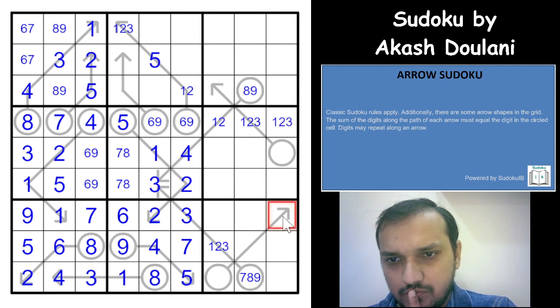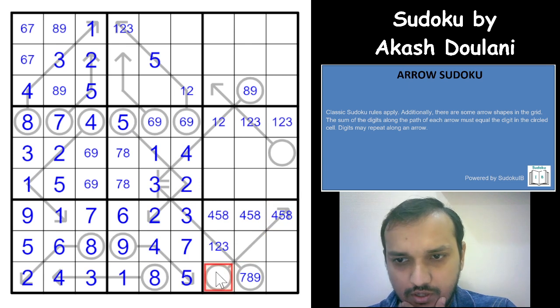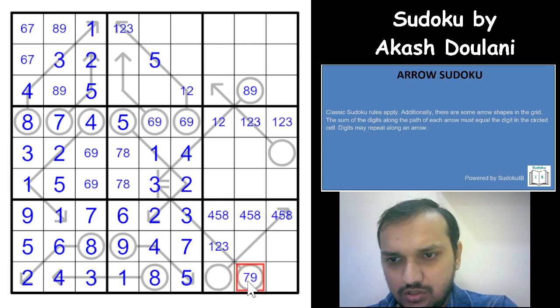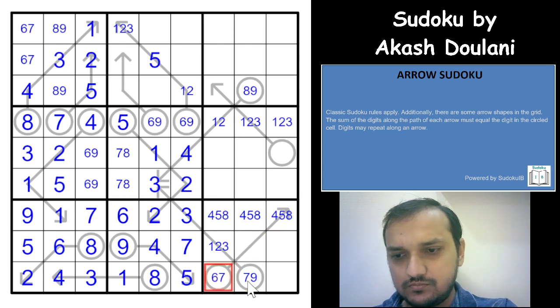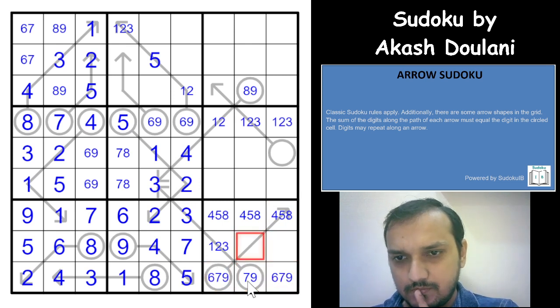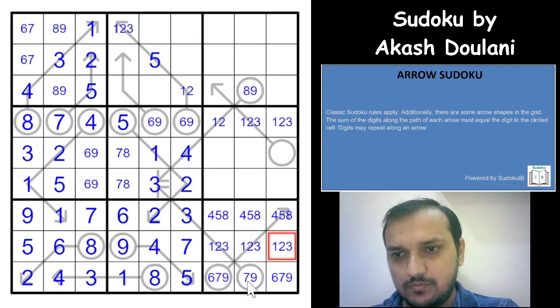1, 2, 3, 4, 5 and 8. Of course 8 won't be possible here because then you need to have a 1 here and a 9 here. Possible, right? Okay. 6, 7 and 9. And 1, 2 and 3.